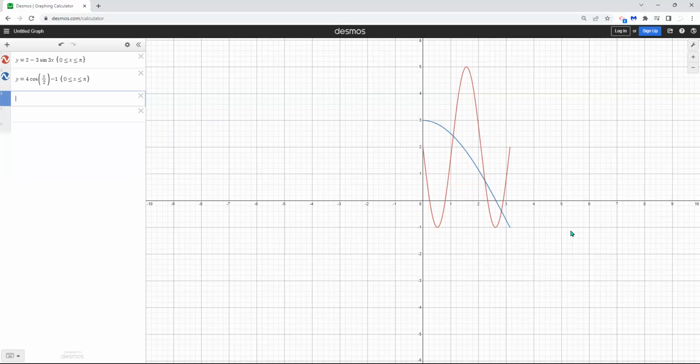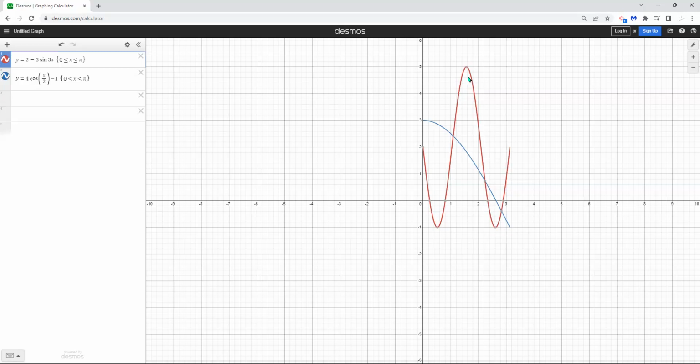Let's see. Let me think a bit. What was the minimum value again? -1 versus -5. Oh, it's not -5.